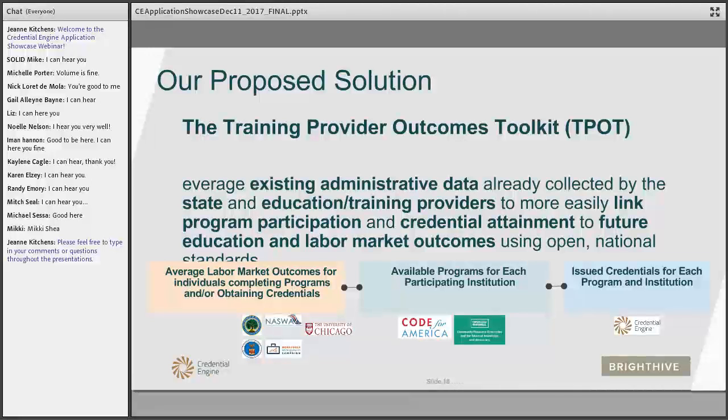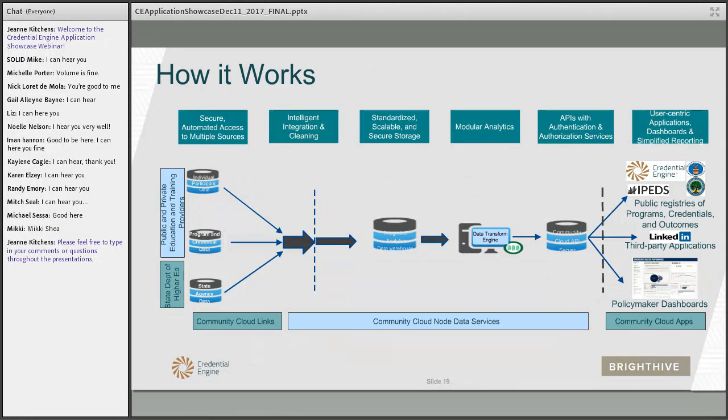Being able to connect that with available programmatic data through a great data standard that came out of great work that Code for America did a number of years ago and has been led through something called the Open Referral Initiative. And lastly, be able to connect both of those to actual structured credential data from each of these institutions. And all of this in a toolkit that individual institutions and states can easily use to create this data and get it into the Credential Registry.